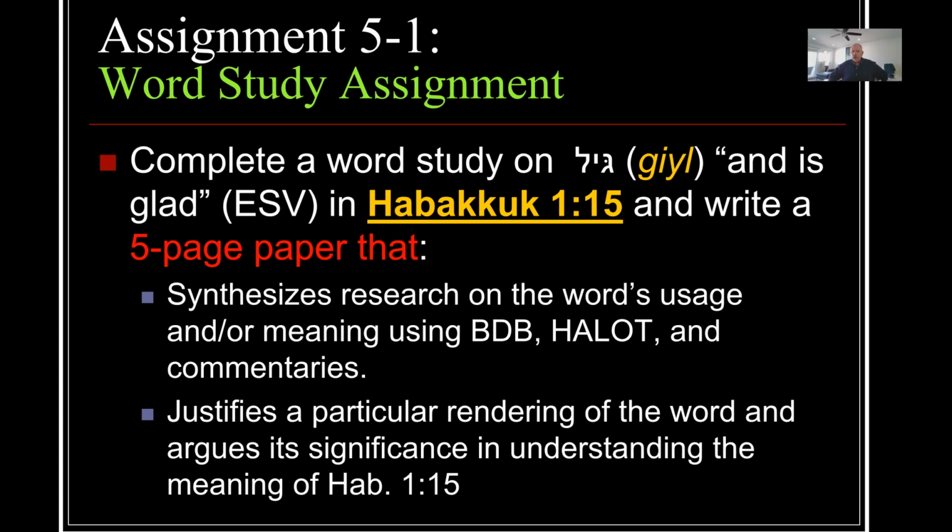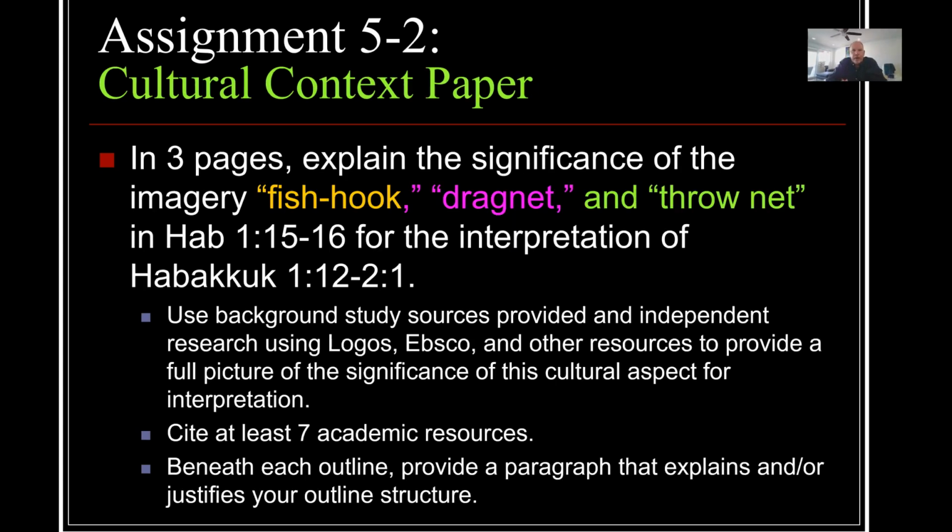I would be sure to look at commentaries and look at Brown, Driver, Briggs, and look at other online commentaries for the use of the word, and then finally come back at the end of your study to Habakkuk chapter 1:15 and say, okay, based upon all of the research I have done, this is what I think this term is trying to tell us in this verse. So it's a long paper on a Hebrew word study.